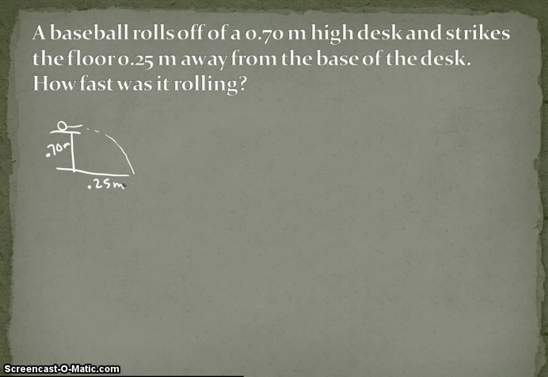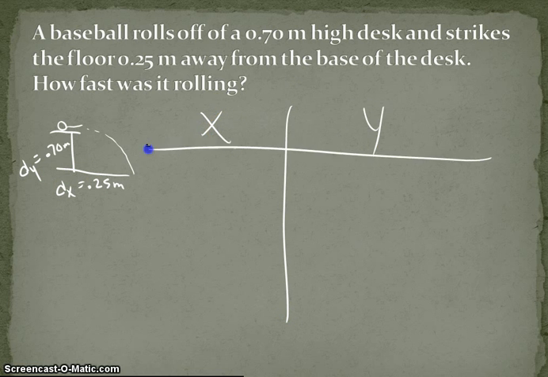So now again, I'm back to a situation where I have two different distances, which means that I have to understand the differences between these distances. This is my distance in the y direction, and this is a distance in the x direction. And when we do these problems, I'm going to say, keep your x's on your x side, keep your y's on your y side. Okay? So in other words, we're going to look at it in terms of distances in the x direction and velocities in the x direction and everything that way.